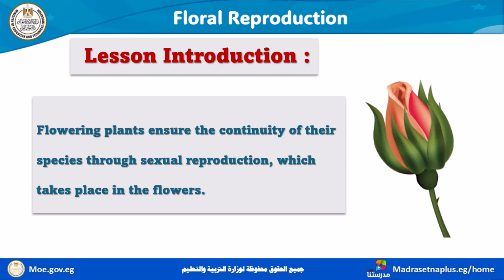Flowering plants ensure the continuity of their species through sexual reproduction, which takes place in the flower. In our lesson, we are going to recognize the different parts of the flower, and understand how sexual reproduction takes place through the flower.